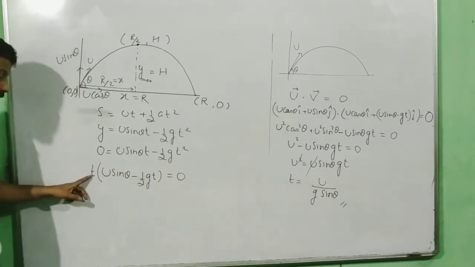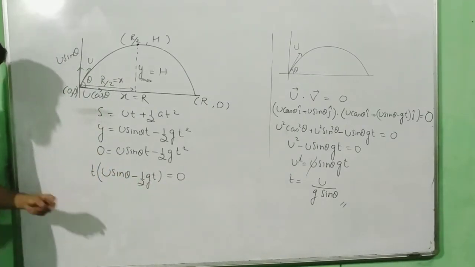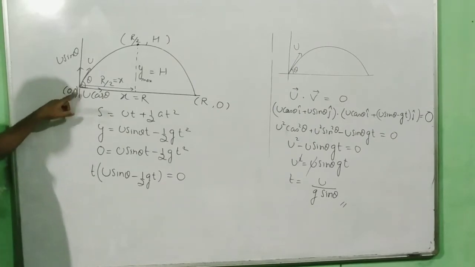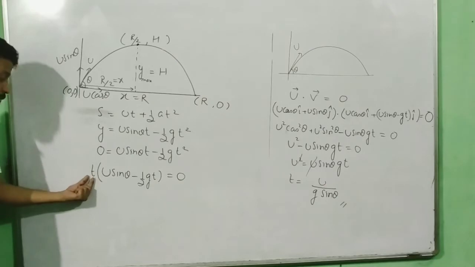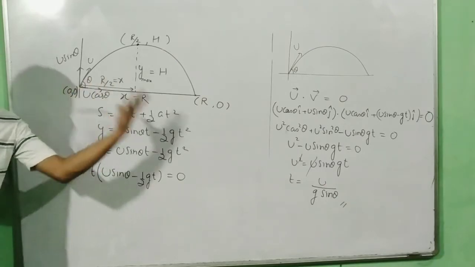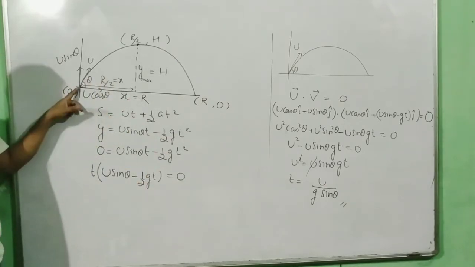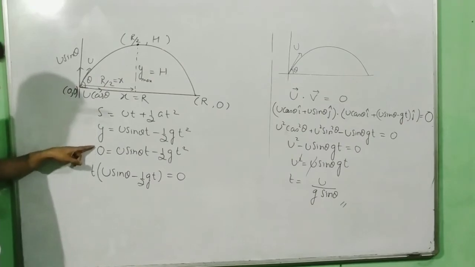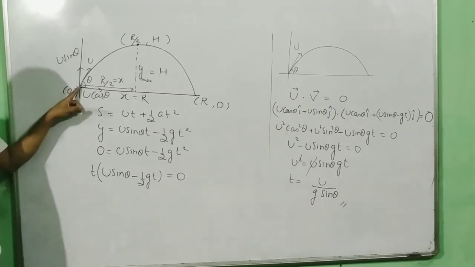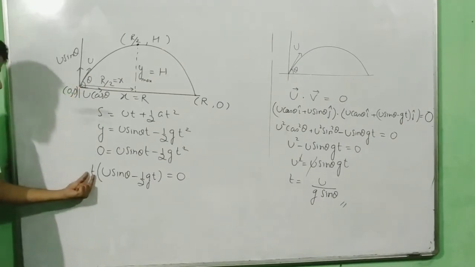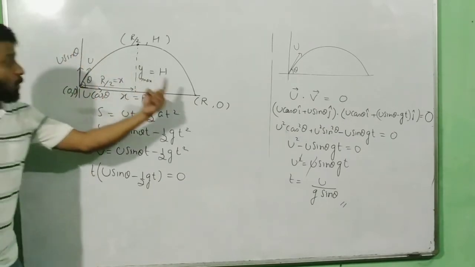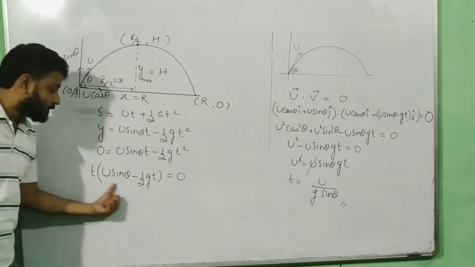So if I consider t equal to 0, that is just at the beginning. What is the y coordinate at the beginning? Y coordinate is 0, correct? So t equal to 0 is not going to fetch me any result, because we started with y value as 0. So y is equal to 0 at time t equal to 0. But it can be 0 again when this other term becomes 0.